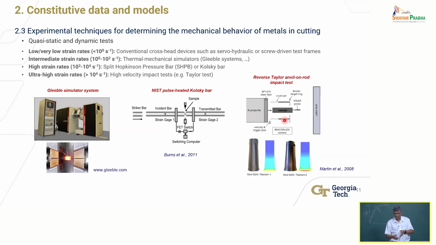Then these type of tests would be used, let's say you're designing armor plating or something like that for some application. Then you need these type of experiments. People haven't used this for machining, to the best of my knowledge, but in theory you could use it, okay?